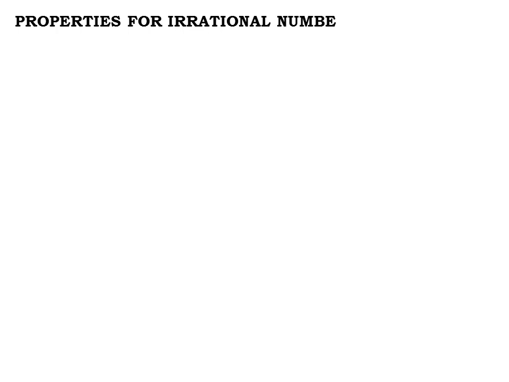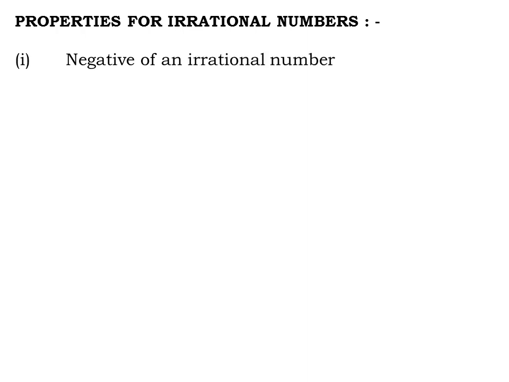First of all, we will learn about the properties of irrational numbers. The first property is: the negative of an irrational number is an irrational number.